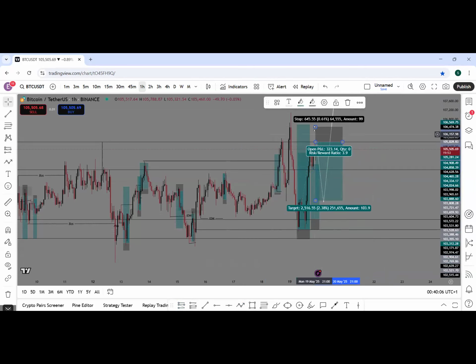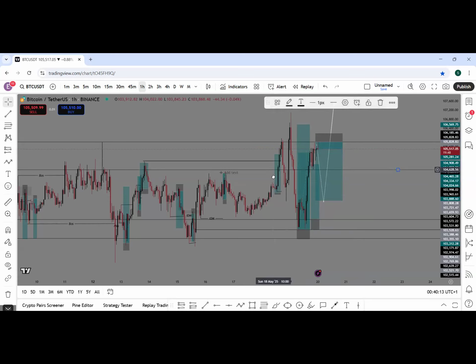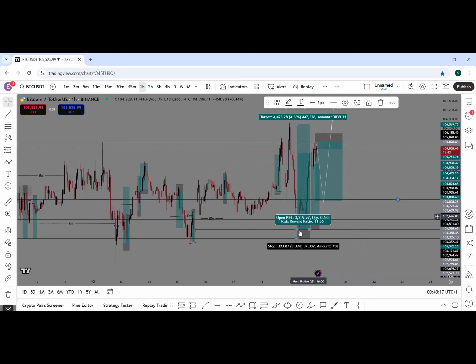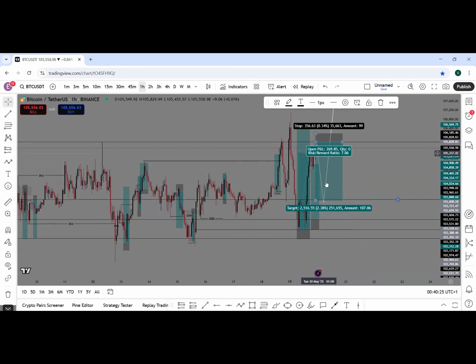You should be exiting from this level here, not all the way down, because this is my re-entry. This is my first entry. This is my second entry. So your exit should be from here to continue the buys.